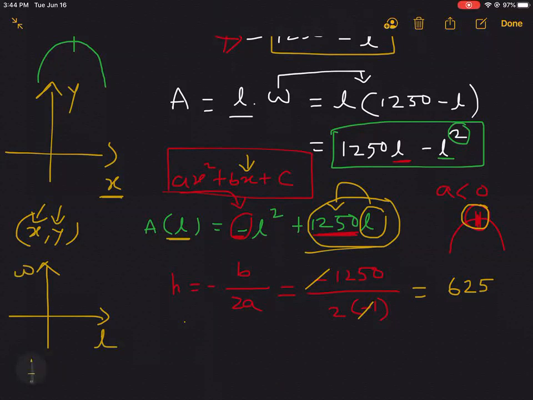Okay. So now, as we have got the value of L, how can we get the value of W?